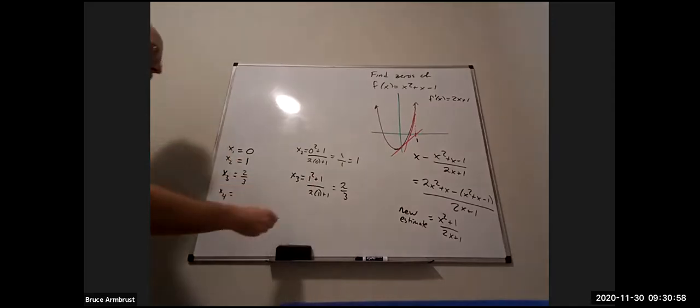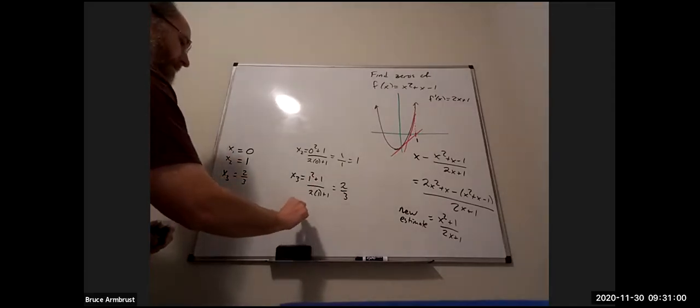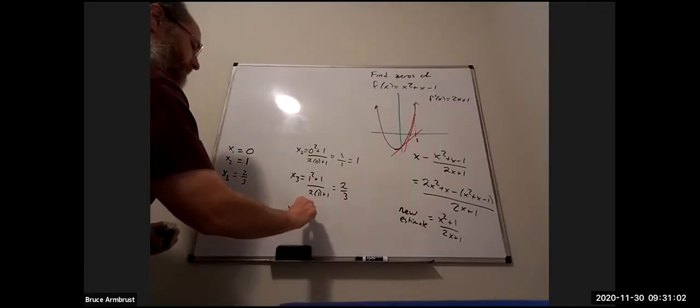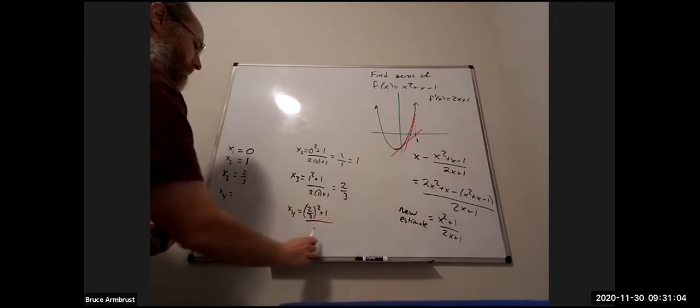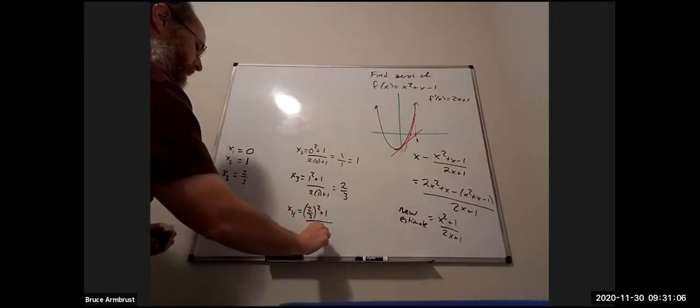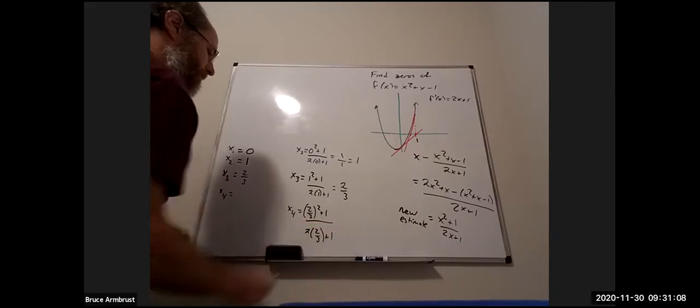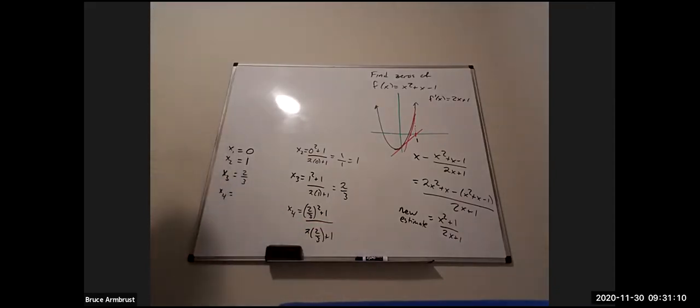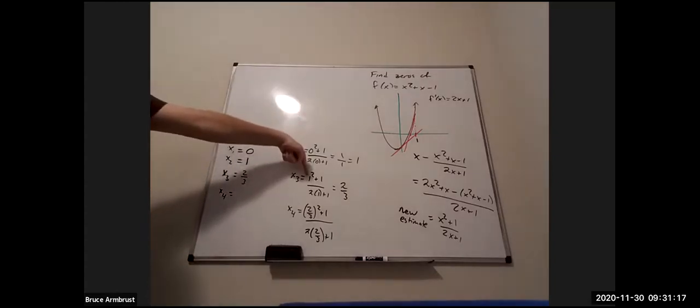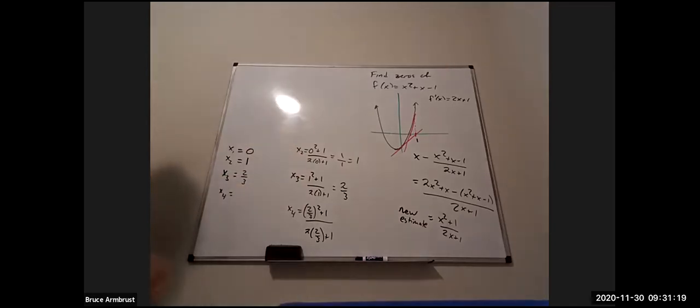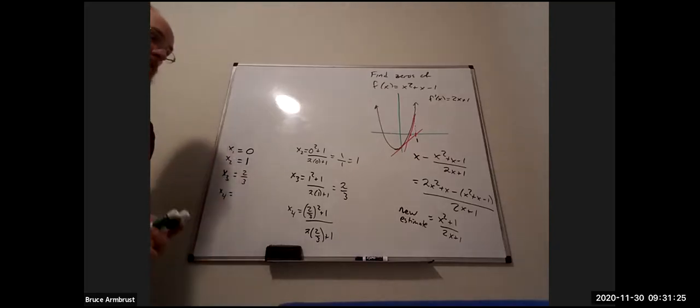Now we're going to take 2/3 and plug it in here. So we're going to get 2/3 squared plus 1 over 2 times 2/3 plus 1. Notice that every time this form is identical, the only thing that's changing is what we're plugging in. And what we're plugging in is the number that we got from the step before.